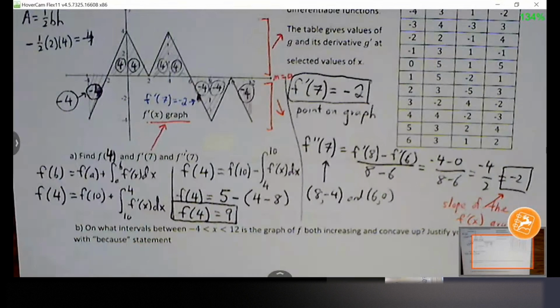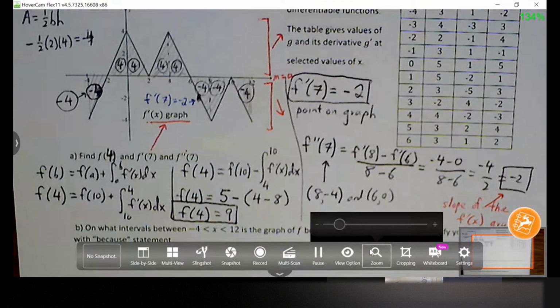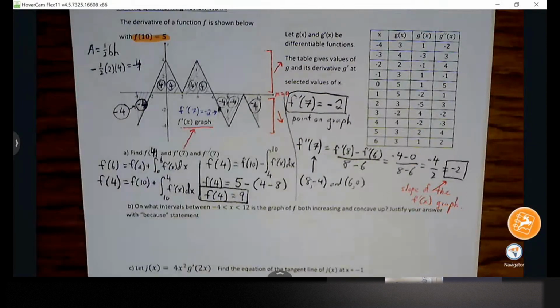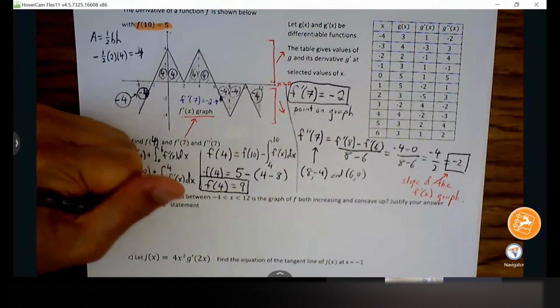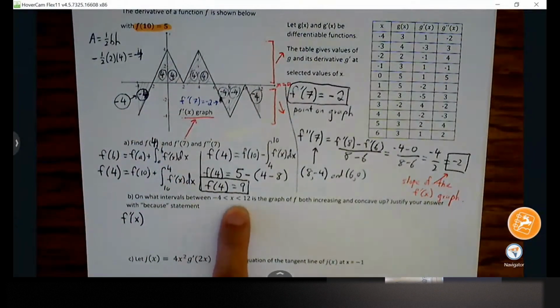I'll create my slope sign line here, extending all the way from -4 to 12.